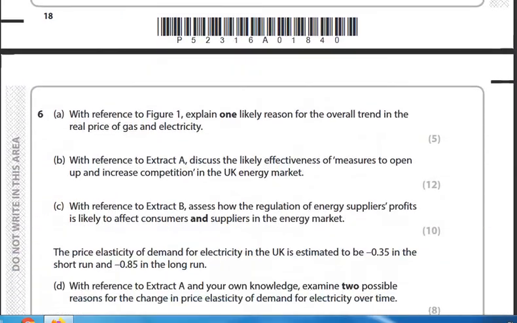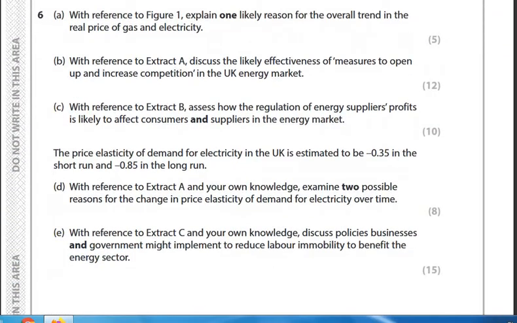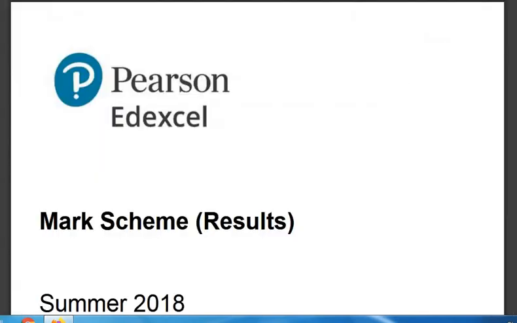You've got to read all of this stuff, and then come the questions. 6A, the first part of Section B, will always carry 5 marks. So let's look at the mark scheme and we can see how those 5 marks will be achieved.